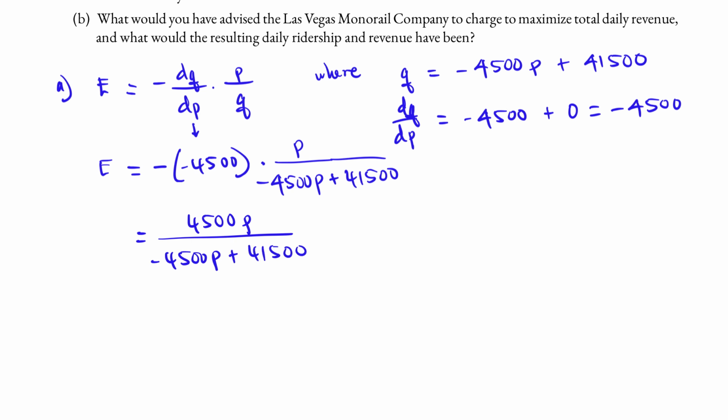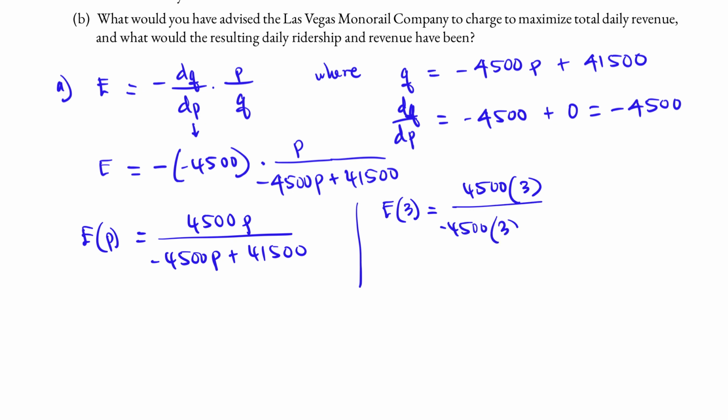Now that we have the elasticity formula in terms of P, we can find out what the elasticity is when the price is 3. Plug 3 into P, we get 4,500 times 3 over negative 4,500 times 3 plus 41,500.